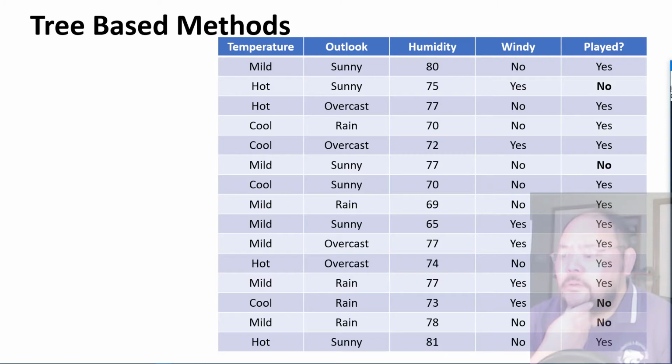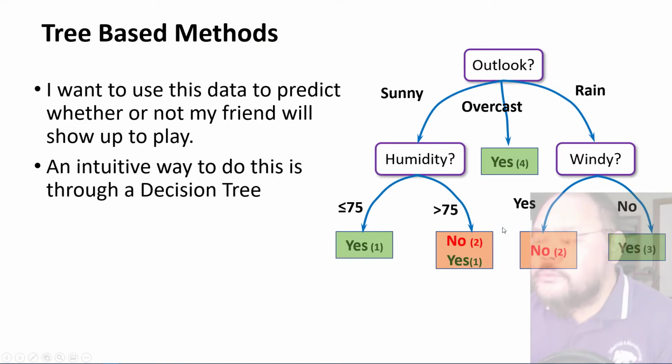We have nodes, and a node splits on a value of a certain attribute. For example, we can see that the top node right now is the outlook. The weather outlook is either sunny, overcast, or raining. In the second layer, we have the humidity and the windy situation.